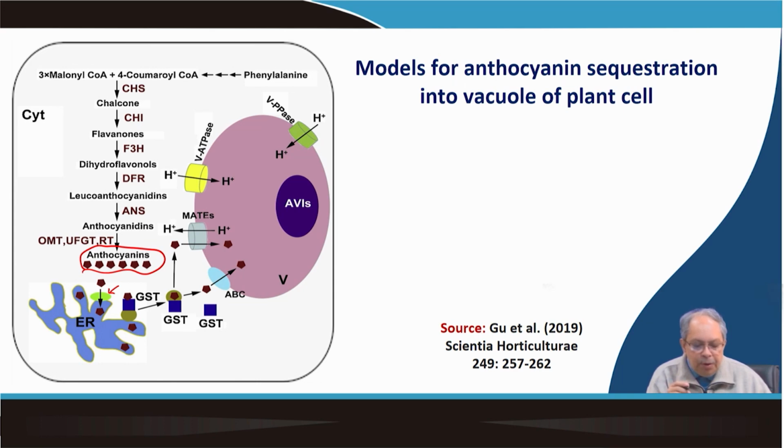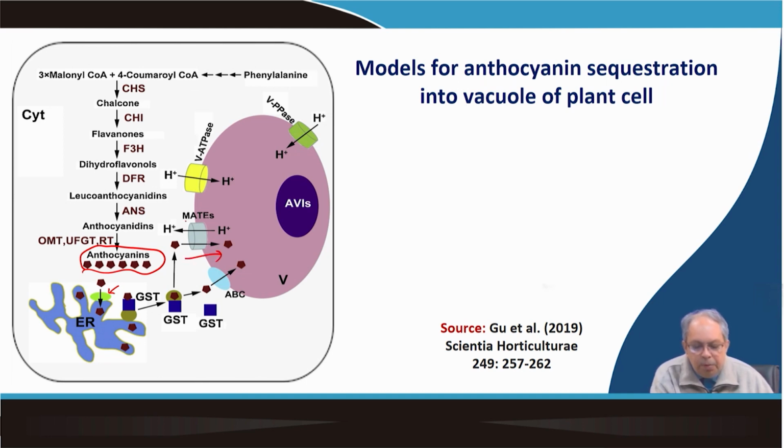So, two things happen: either it moves through a vesicle where GST is mediating that, or without the involvement of vesicle, the anthocyanins can directly move inside the vacuole.